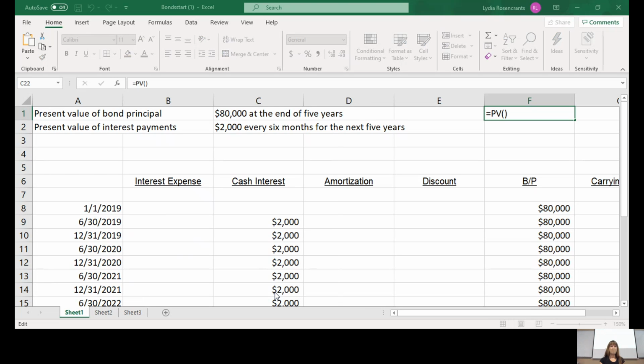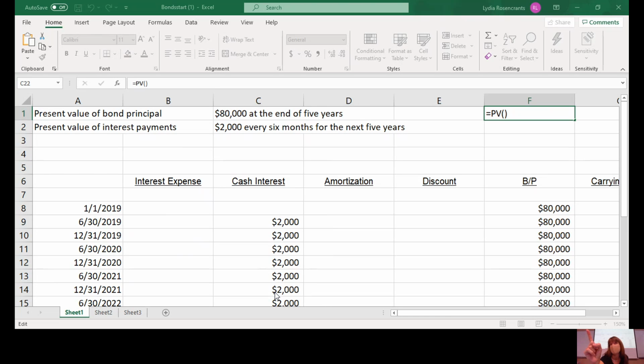All right. So our rate, what rate are we going to use? We have two interest rates, right? We have a 6% and a 5%. We are always going to use the market rate here, always.